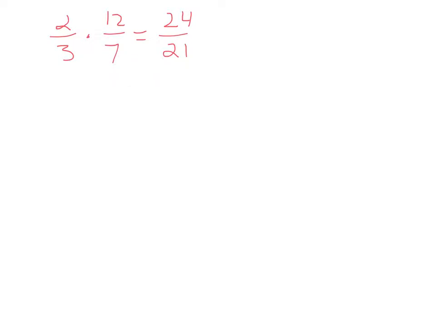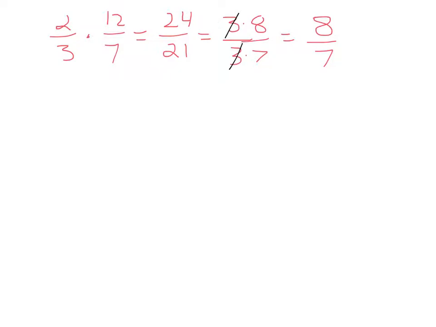And now we check to see if there's anything that we can simplify. Both the numerator and denominator have a factor of 3 that we can factor out and cancel. So this would be 3 times 8 over 3 times 7. The 3s would cancel, and you'd be left with 8 over 7.